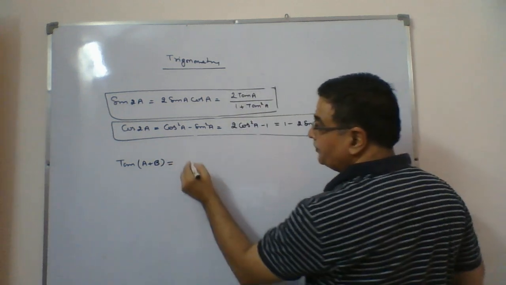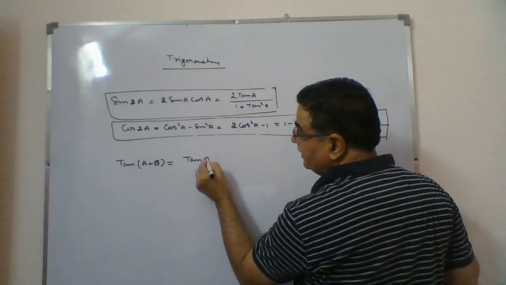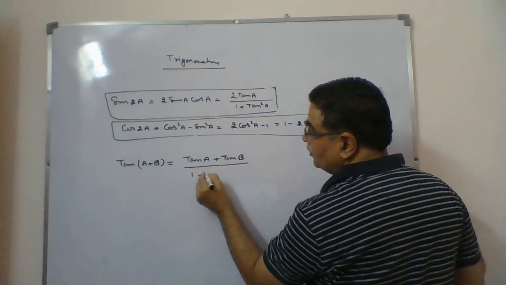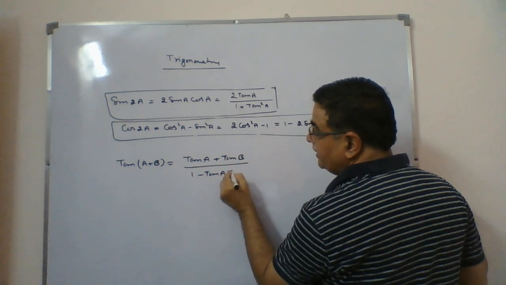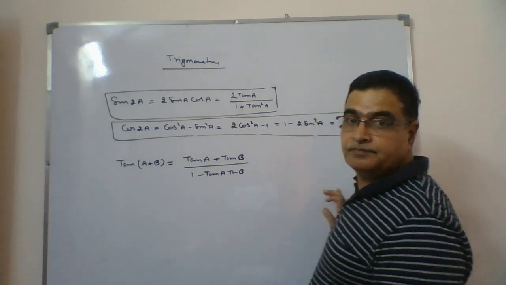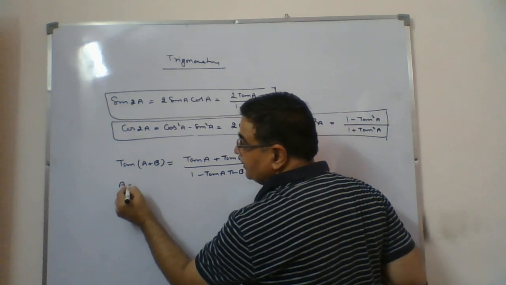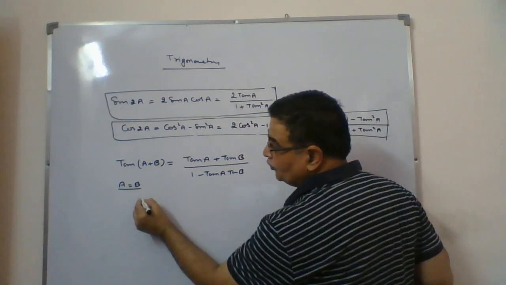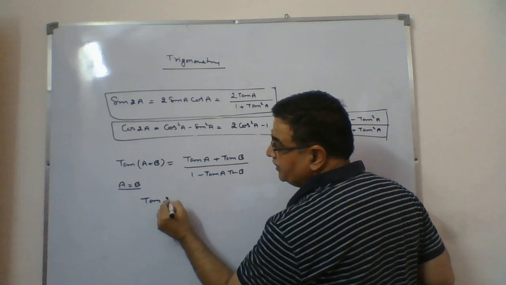When you go for the tan A plus B formula, it says tan A plus tan B by 1 minus tan A tan B. Now when you have A equal to B, what will it come out to be? This will be tan of 2A.